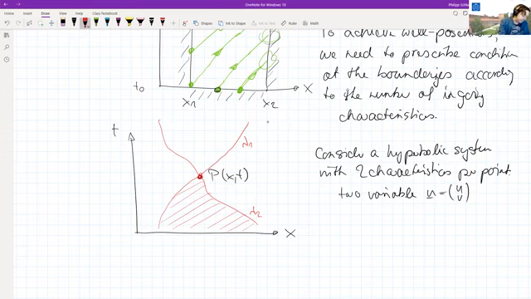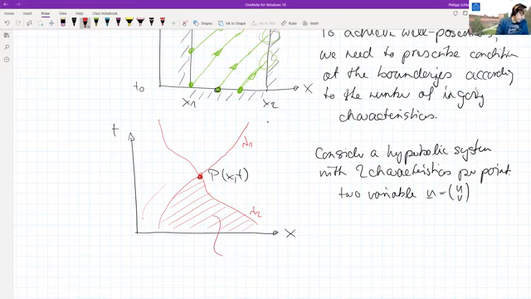Information from any point outside of this hatched area will never be able to reach the location of point P. So that means the solution in point P is impossibly dependent on anything outside of this region. Because just from physical or mathematical reasons, the information will never reach the point P.